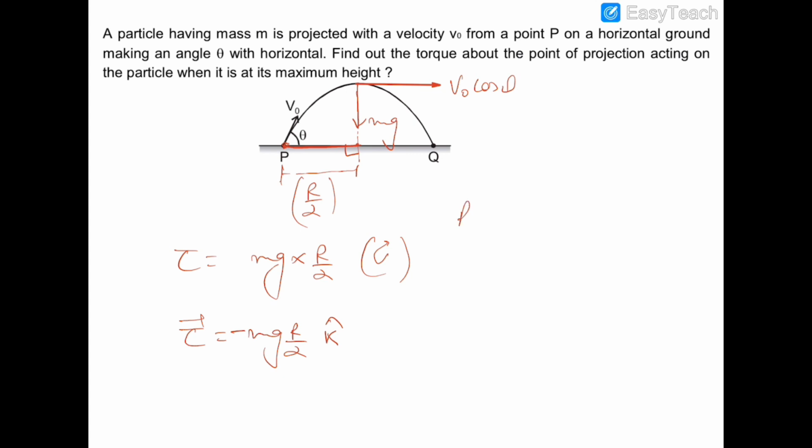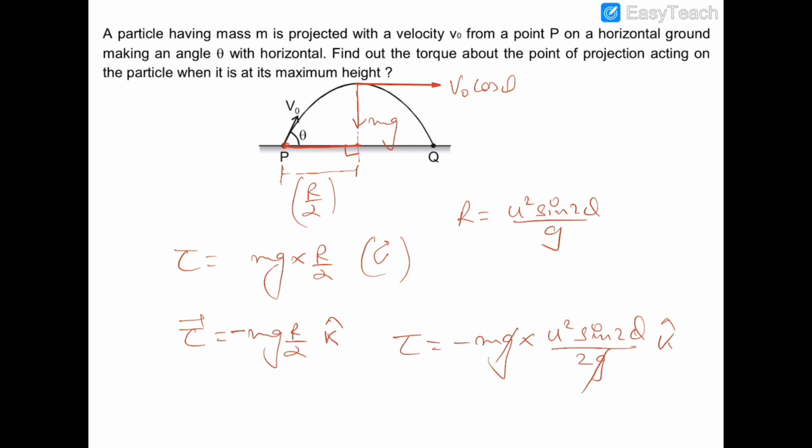Now we know that the range is equal to u square sine 2 theta by g. So the torque would be equal to minus mg into u square sine 2 theta by 2g, with k cap. So torque would be equal to minus m u square sine 2 theta by 2 k cap.